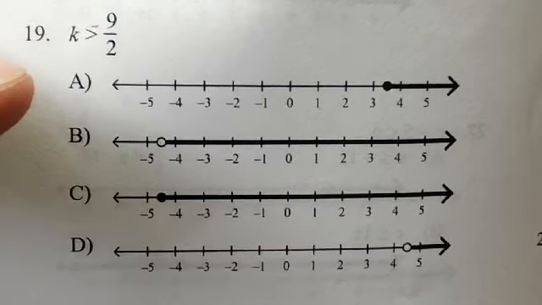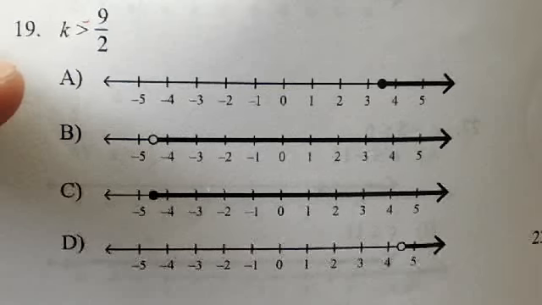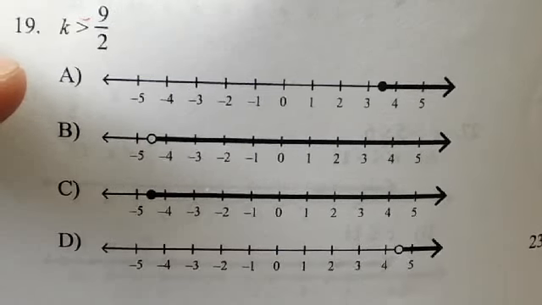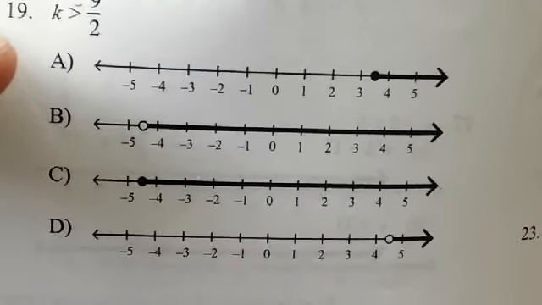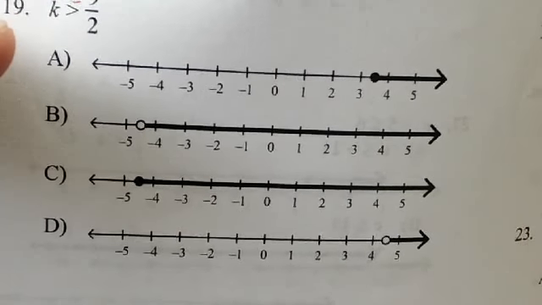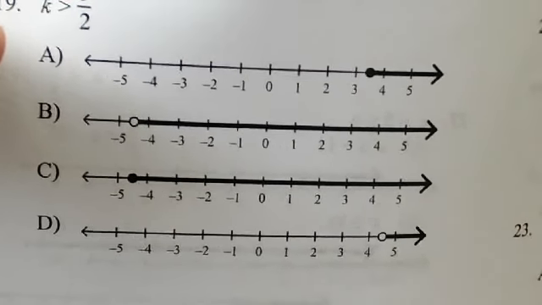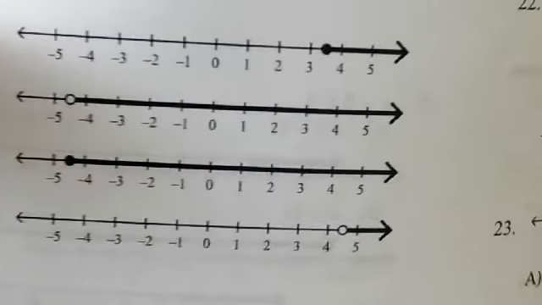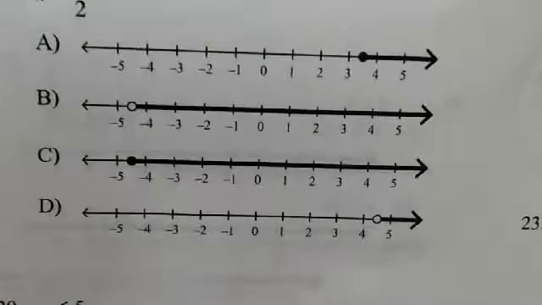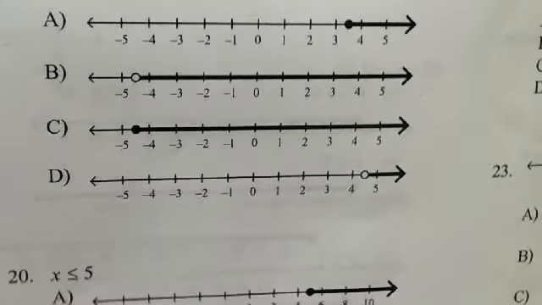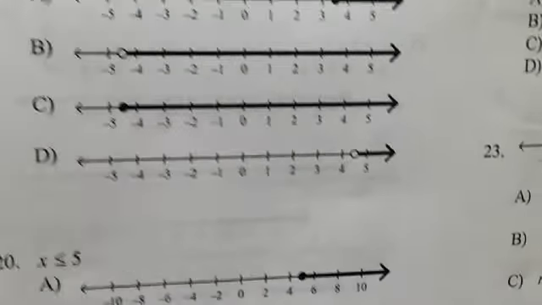It's either going to be letter B or letter D. It's open. Now what's 9 over 2? We said that's 4.5. Which is the one that's filled or open at 4.5 and it's greater? So that's your correct answer. Is that clear, Mr. Barba? Yeah.